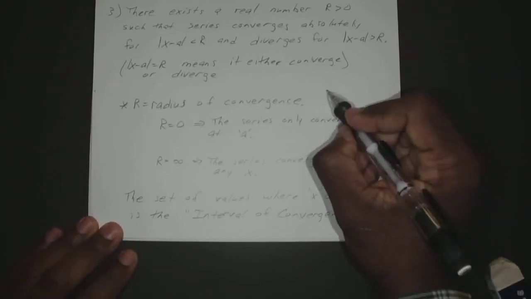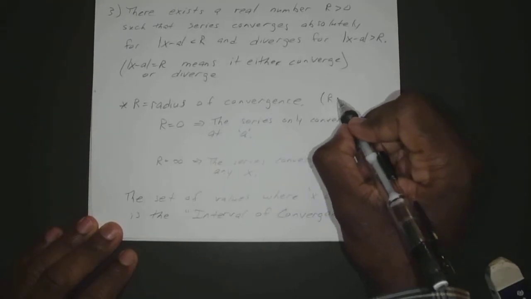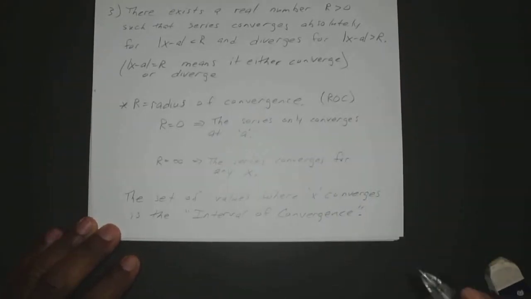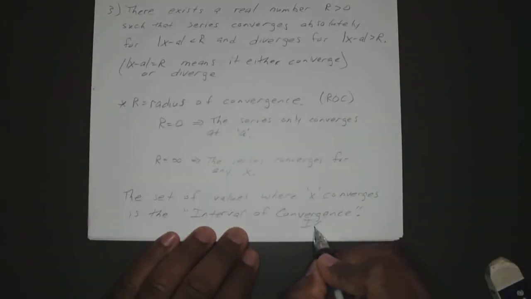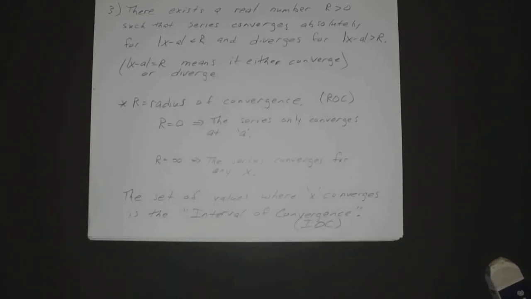Okay. And a lot of these, instead of radius of convergence, you'll see me just put ROC, and interval of convergence is, you'll see IOC. No other reason than it just gets really, really irritating writing that over and over again.